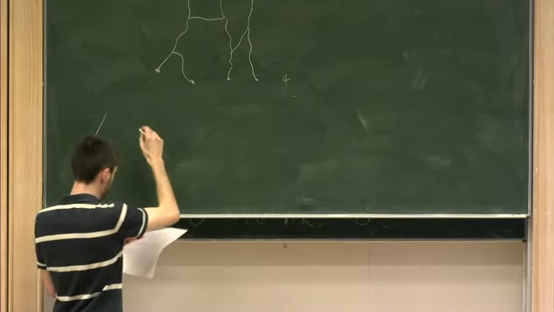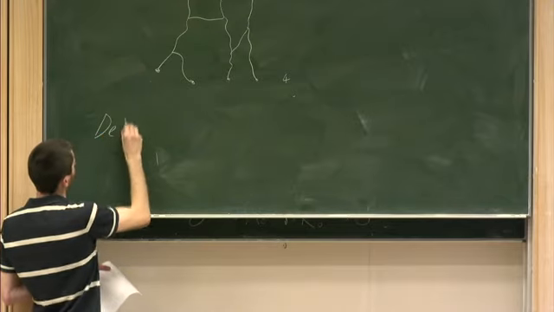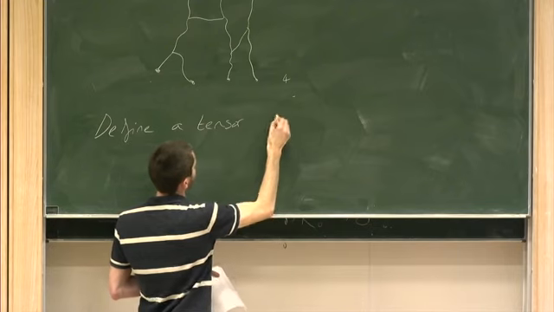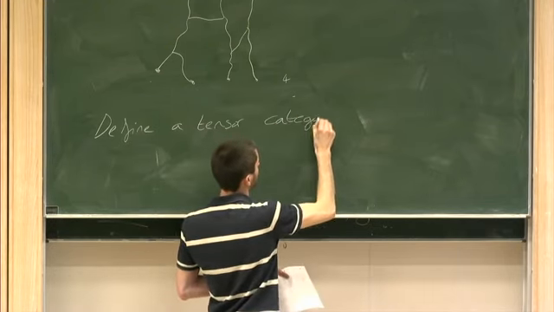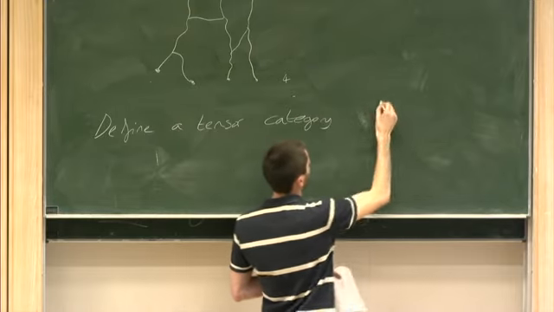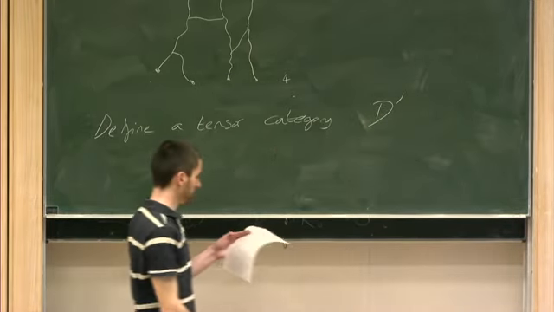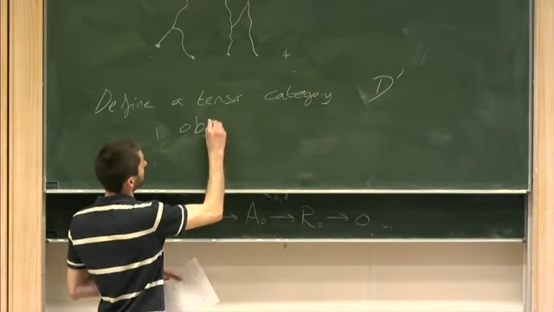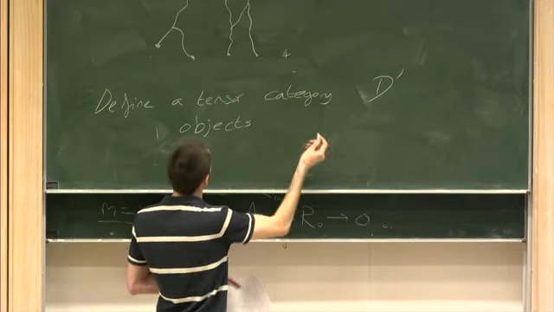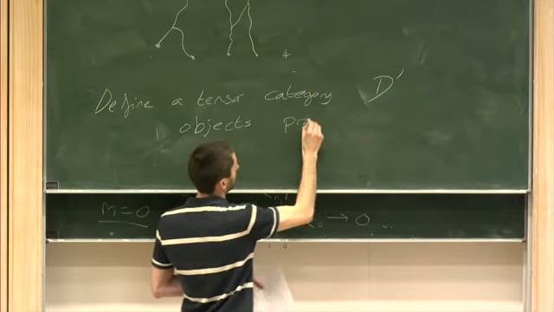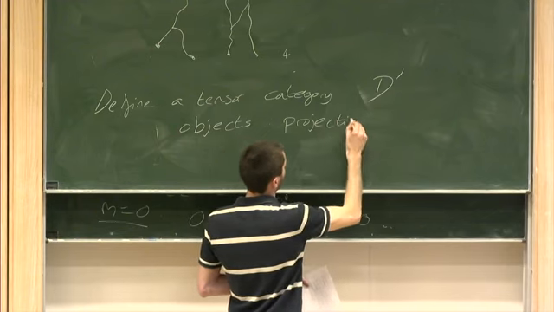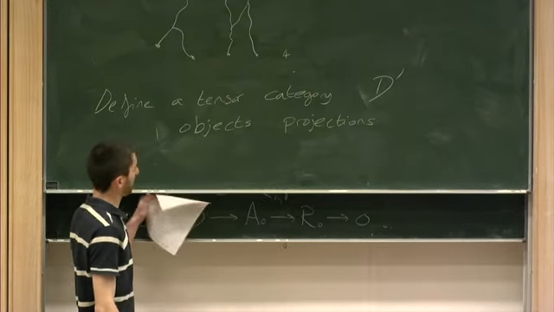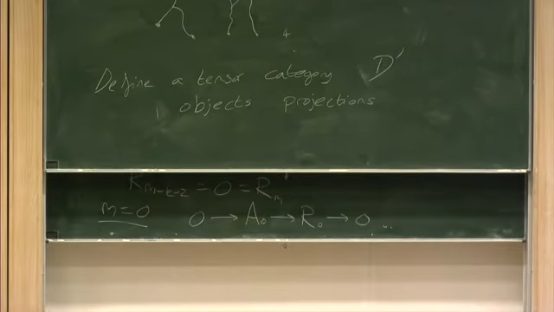Then I want to define a tensor category called B prime. So objects of this category are projections in these tangles.